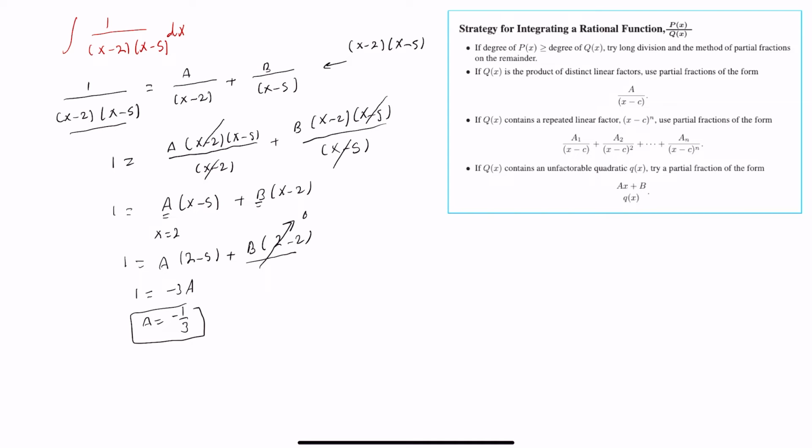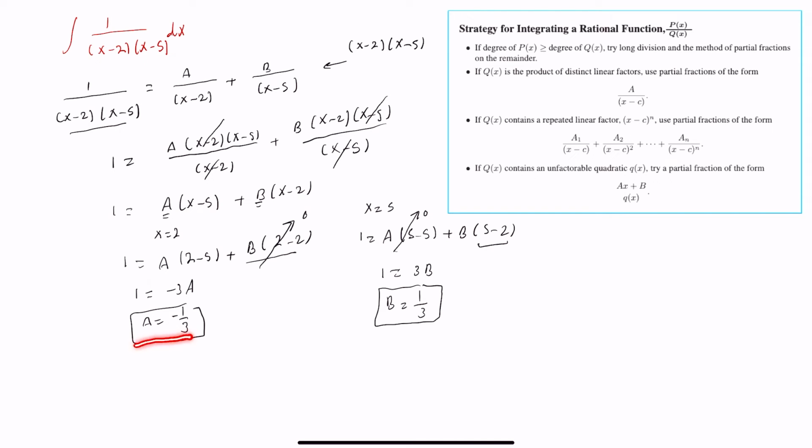Now to solve for B, I'm going to set x equal to 5. So we have 1 equals A times (5 minus 5), plus B times (5 minus 2). This term goes to 0, since 5 minus 5 is 0, and we are left with 1 equals 3B. Therefore, B is equal to 1/3.